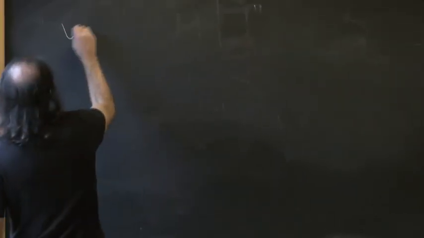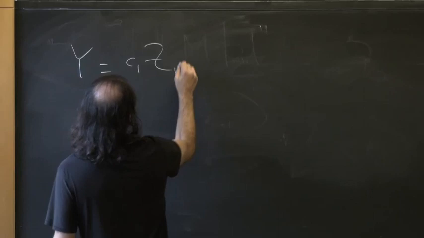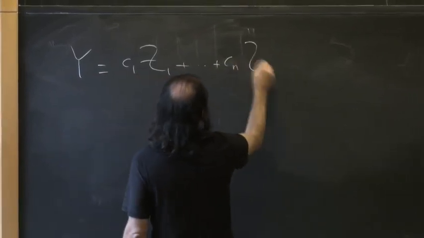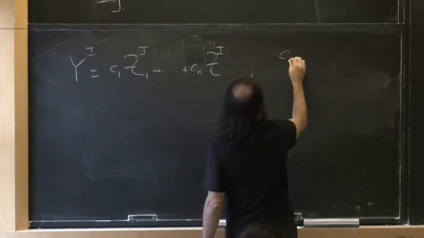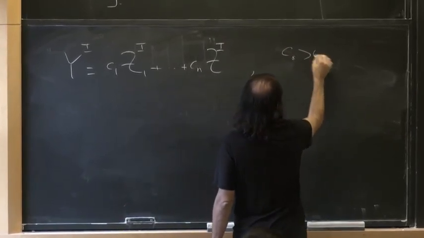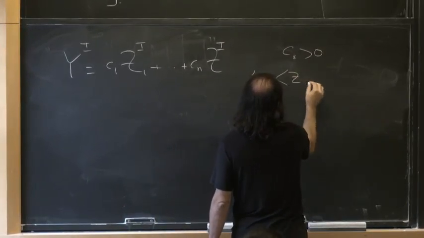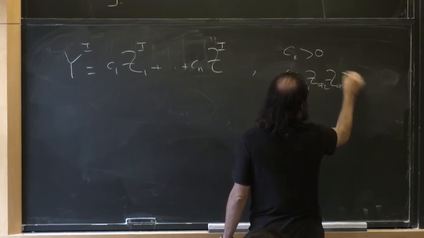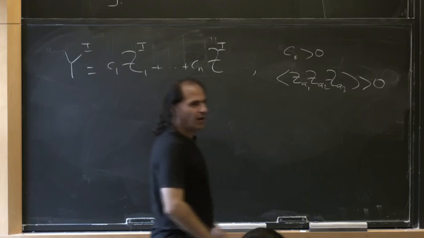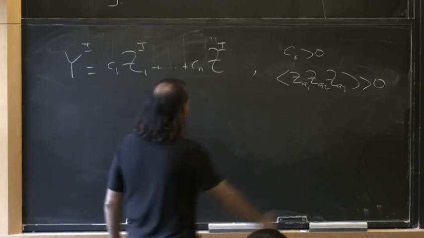So to say again, polygons look like this, where the C's are positive, and also the Z's are positive in the sense that all of these ordered minors are positive.